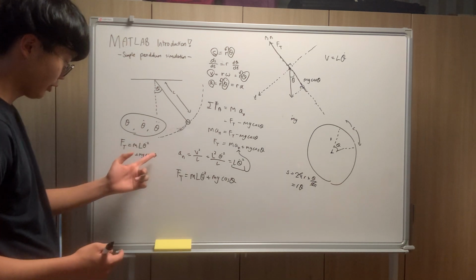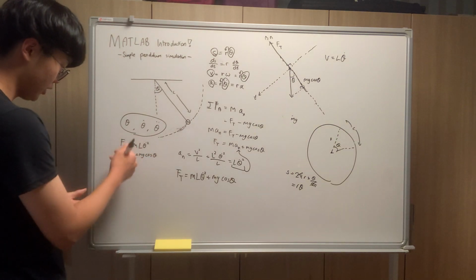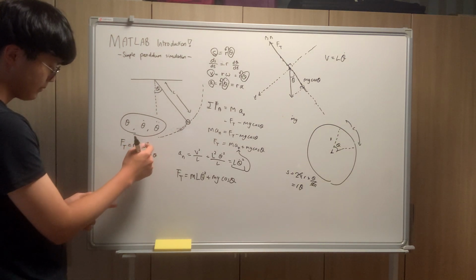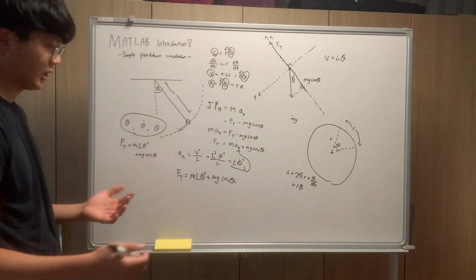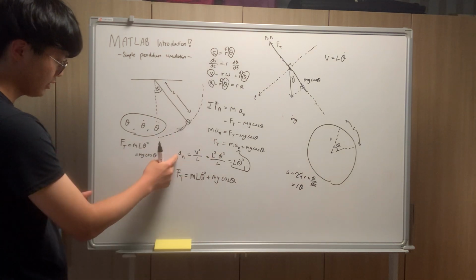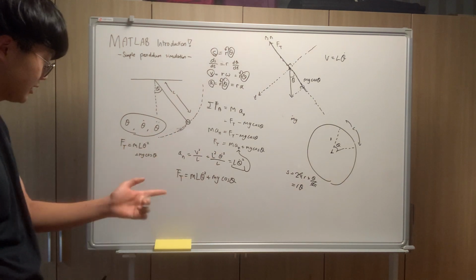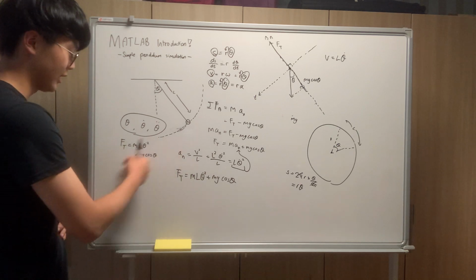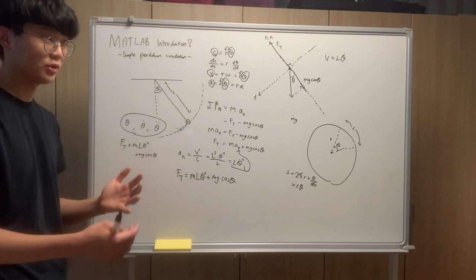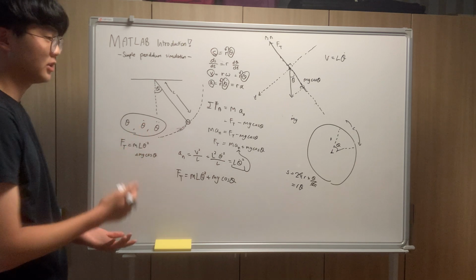And so let's plug 0 into this equation over here. Ft is equal to m L theta dot squared, which is equal to ma, as we said before, plus mg cosine 0.